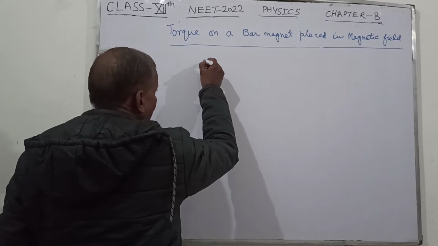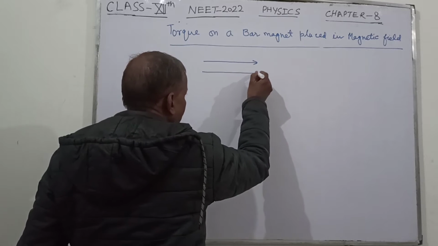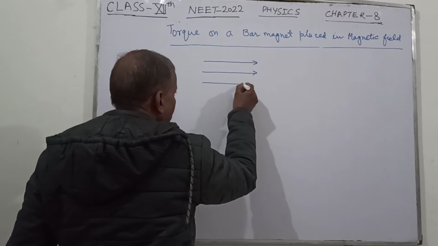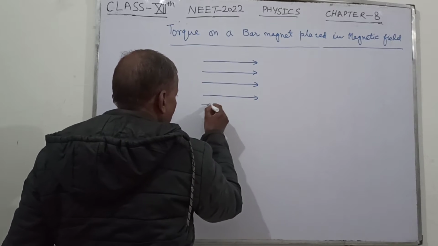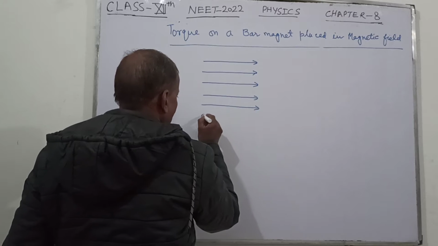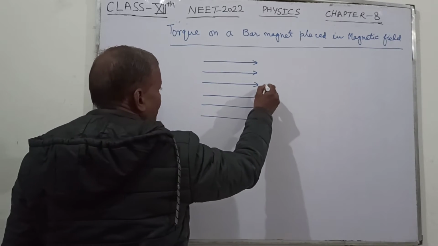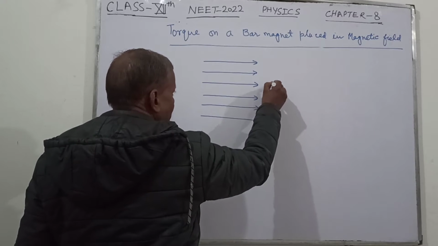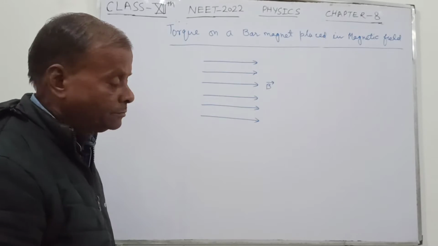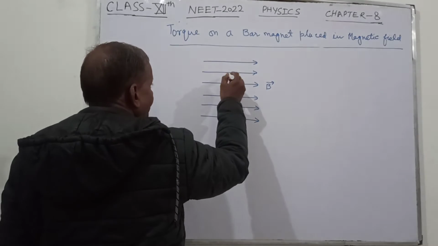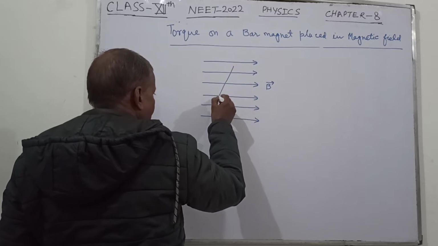Let this be the magnetic field B. This is the uniform magnetic field. This is a bar magnet.